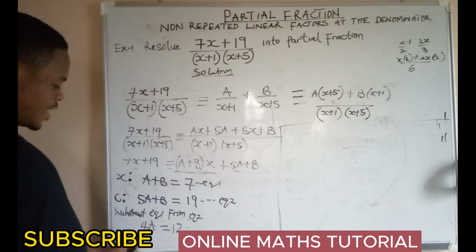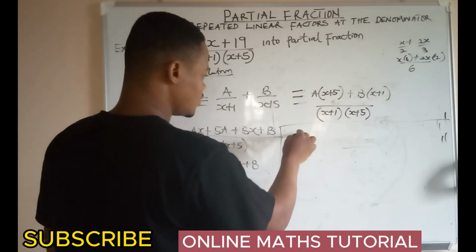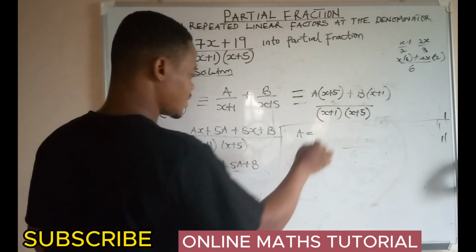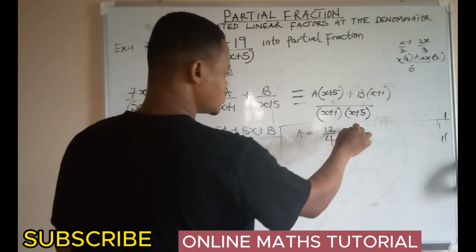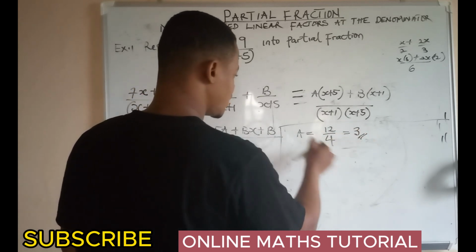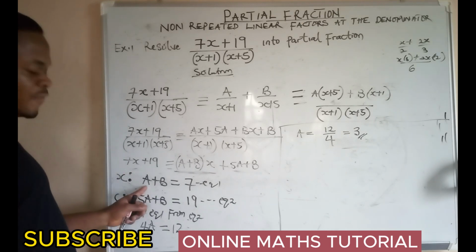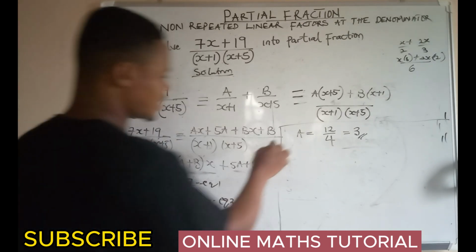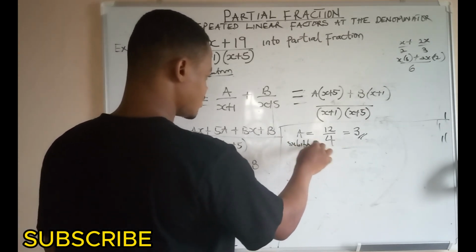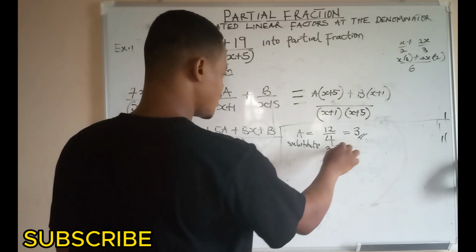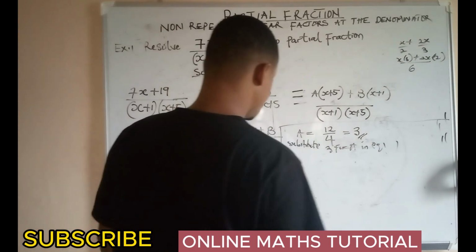So since we have 4a equals 12, this means that a will be equal to 12 all over 4, which is equal to 3. So a is equal to 3. So we can substitute for a in equation 1. So we can say substitute 3 for a in equation 1.